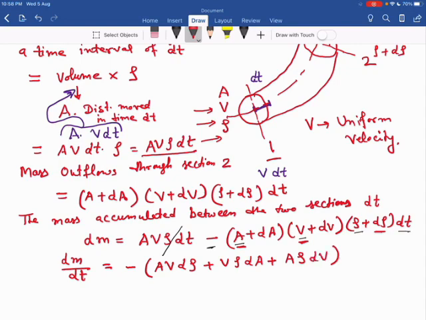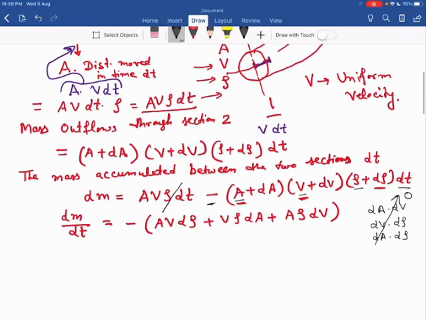The remaining terms have the product of dA into dV, or dV into d rho, or dA into d rho. These are all very small quantities and we can neglect them. So now we have this relation.